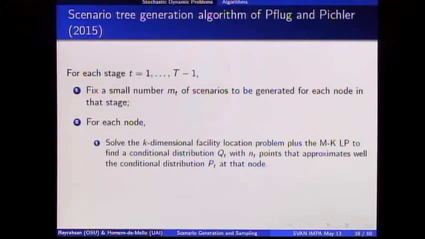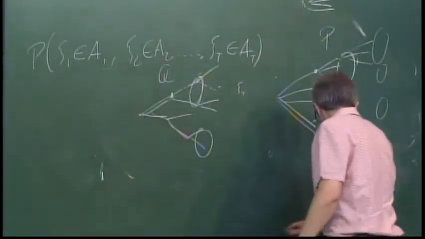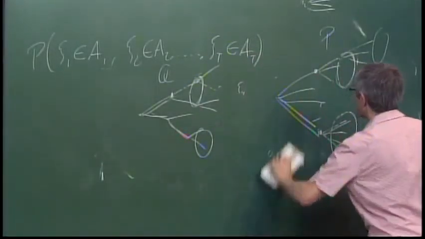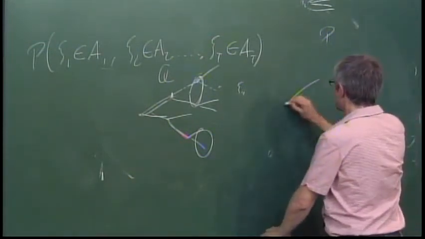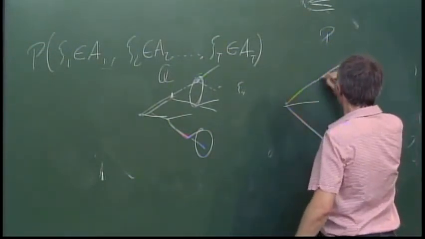And then what are we going to do? We're going to look at the conditional distribution. So remember, this is our original tree. Let's draw it again a little bit more carefully. Let's suppose that this is our original tree.